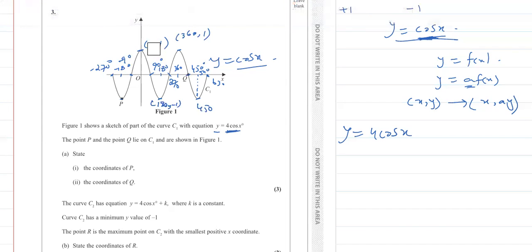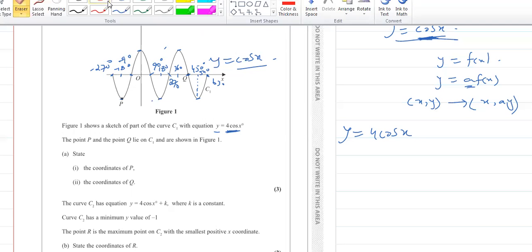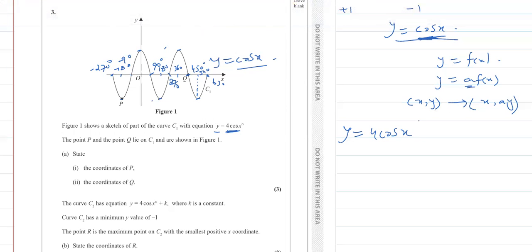But right now this 4 is multiplied with that one. If 4 is multiplied, then what will happen? In that case, obviously the y coordinate will change. For example, 0, 1 will change to 0, 4. It means this one is 4. Similarly, this one will also be minus 4.